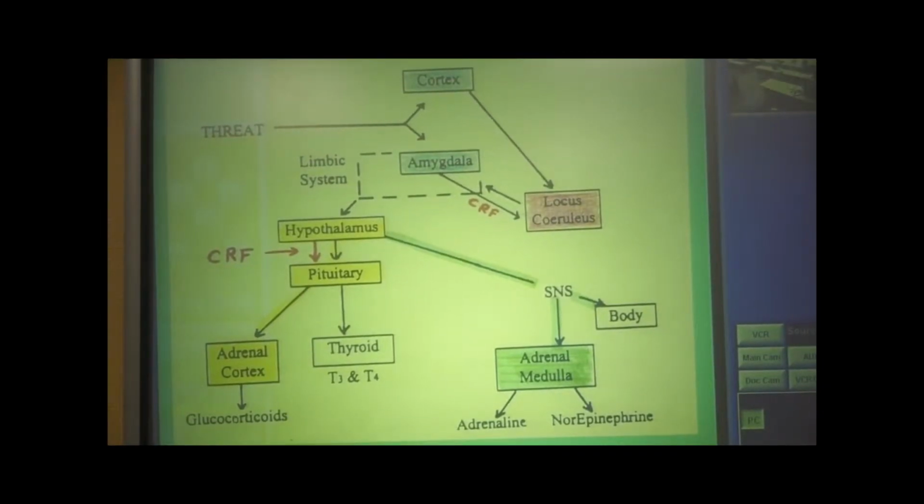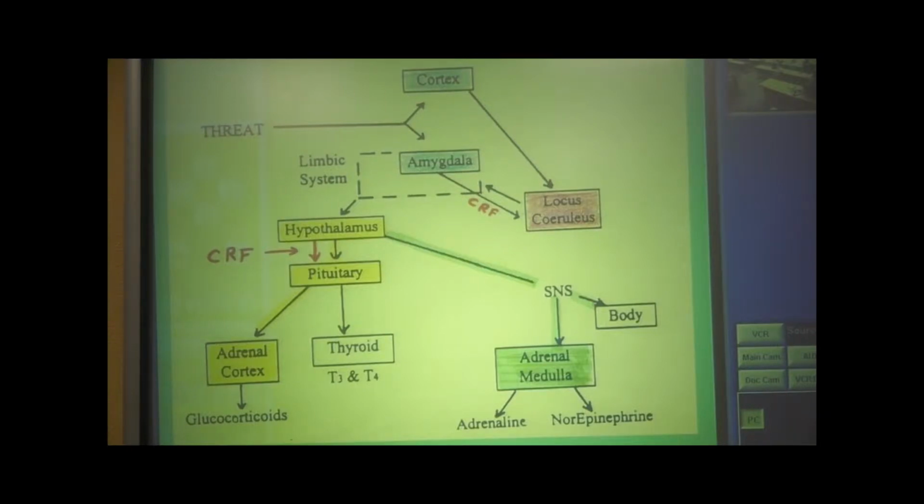Both of these brain structures independently evaluate potential danger in the environment, and their conclusions, we'll see, may match each other. They both are coming up with the same conclusion, but sometimes they don't. Sometimes the cortex arrives at a different conclusion than the amygdala. But in any event, let's say in this example that they agree.